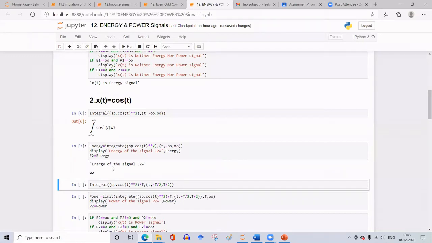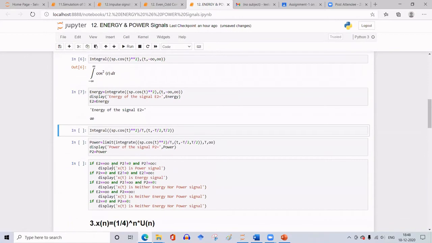Next, let us find out the power of the signal. Power of the signal is x of t whole square integrated over a period capital T between minus T by 2 to plus T by 2, and averaged over the period capital T. That is the definition of power.